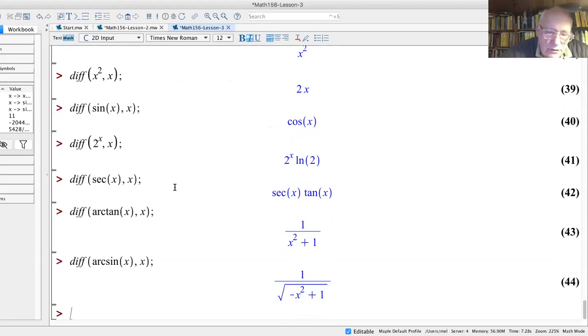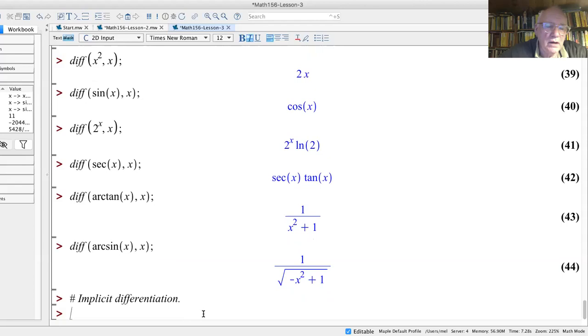Now, there's one other thing you learned in Math 175, which is implicit differentiation. Better if I spell it right. So what does this mean?